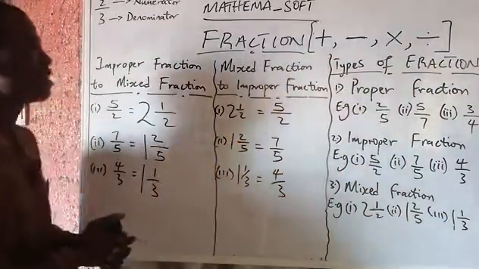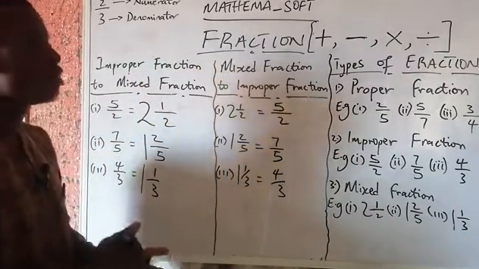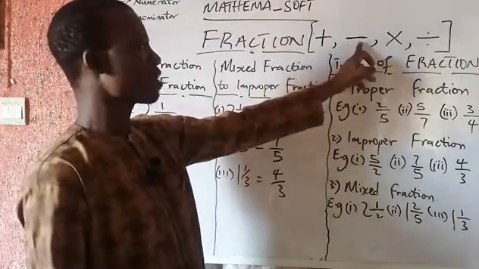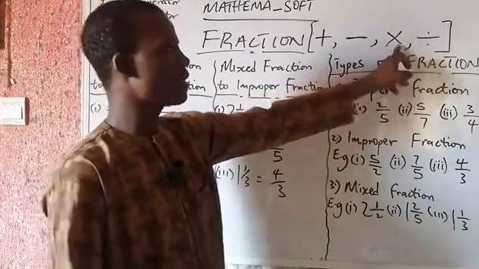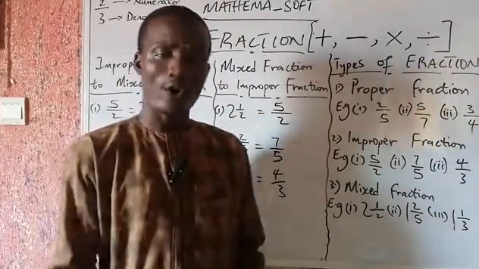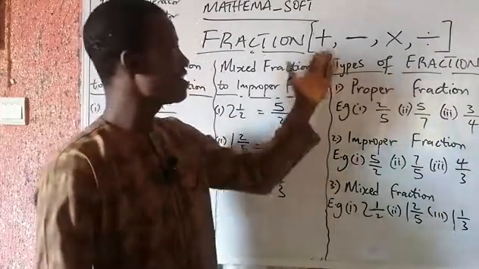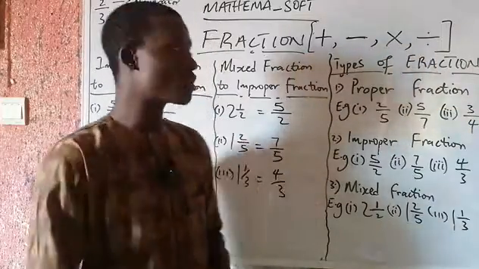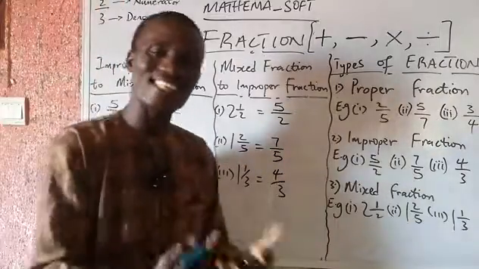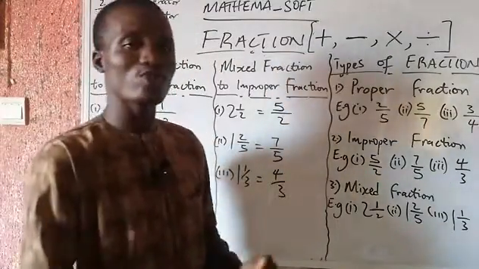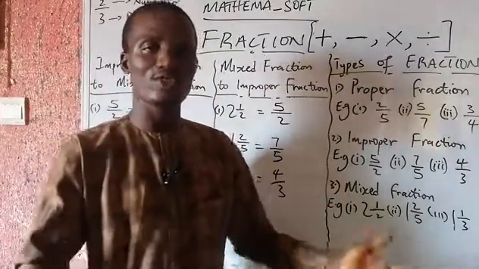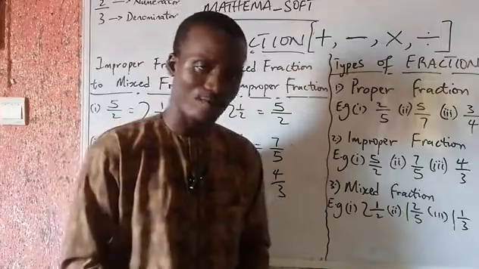Now, the next thing I want to mention is that under fraction, we are going to be looking at addition of fractions, subtraction of fractions, multiplication of fractions, and division of fractions. Of course, aside from these 4 operators that we are going to be using, the terms that they can actually use in asking you questions under fractions will also be emphasized, like when they say simplify this, take this to the smallest term, and so on and so forth.